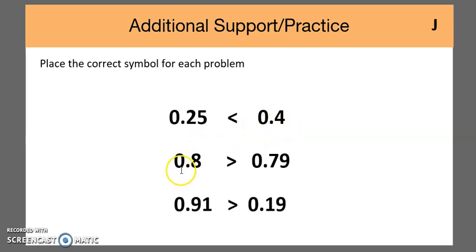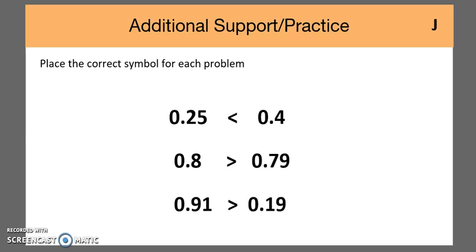We also see that 0 and 8 tenths is greater than 0 and 79 hundredths. The last one, 0 and 91 hundredths, is greater than 0 and 19 hundredths.